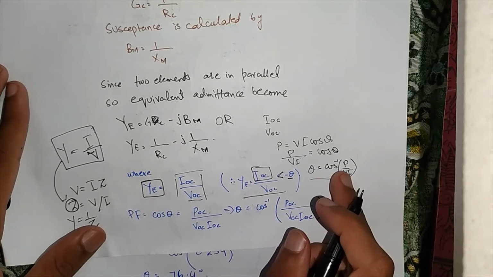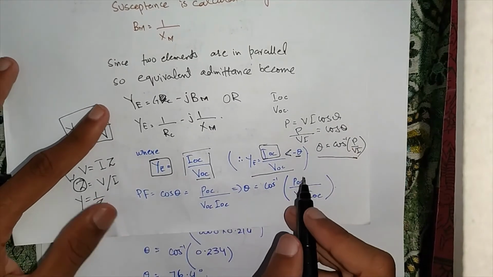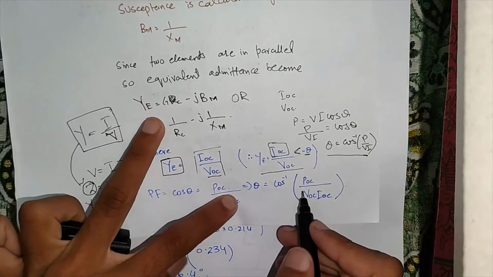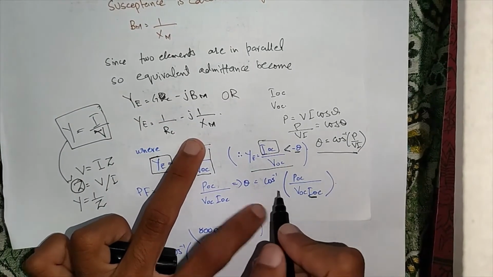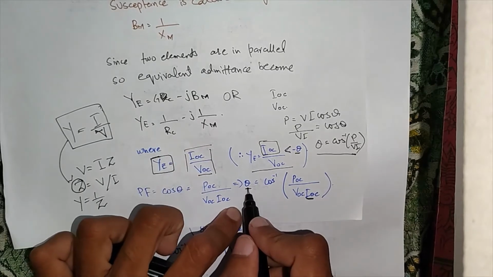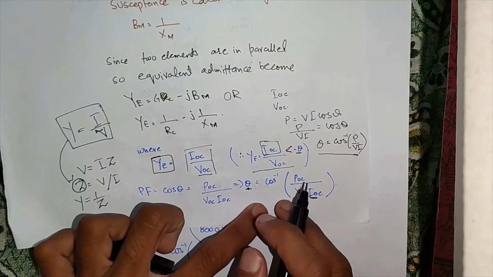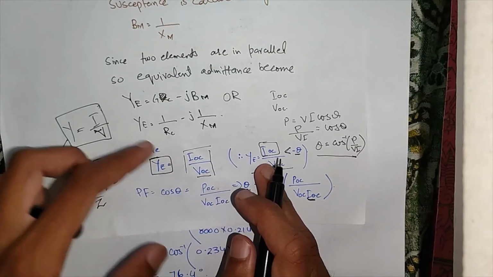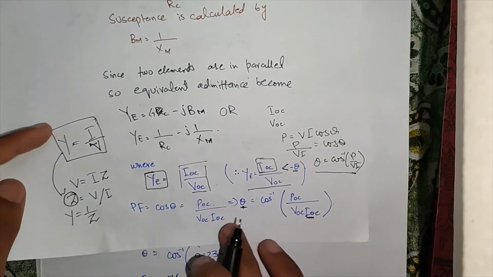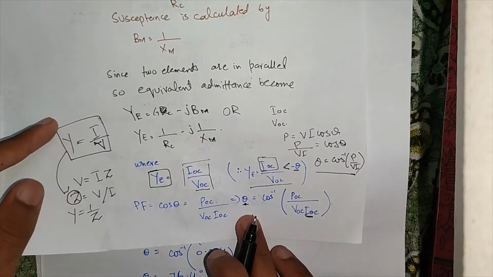Now for the open circuit test, P is equal to POC, V is equal to VOC, and I is equal to IOC. So that's the way to find theta, or the phase angle, for your admittance. This is all about the open circuit test.